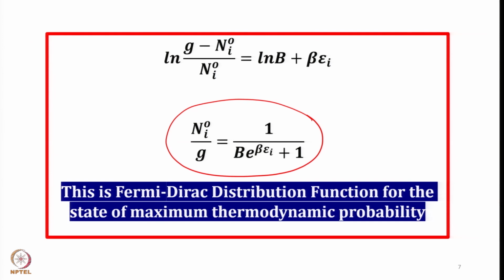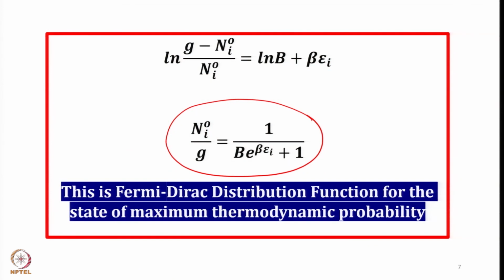We came up with a final equation, and then we thought let us extend the developed theory for systems in which the Pauli exclusion principle is applicable. One such system is electron gas, and with that type of arrangement we have this equation, which is the Fermi-Dirac distribution function for the state of maximum thermodynamic probability.